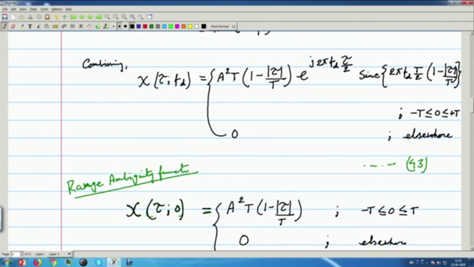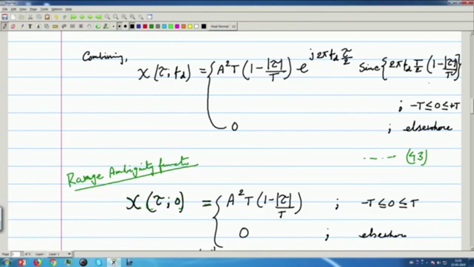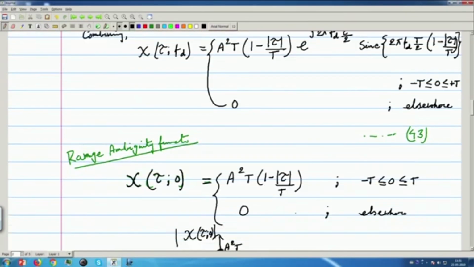If I take the mod of that, this phase part will go, so it is s square t into the sinc type of thing. So, I can write that expression.